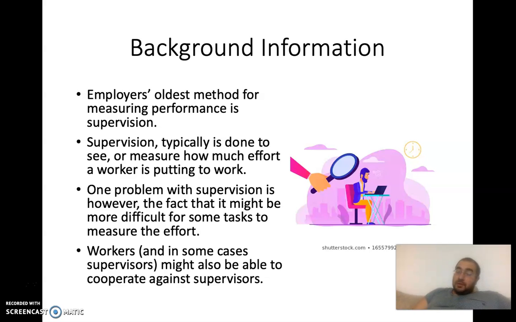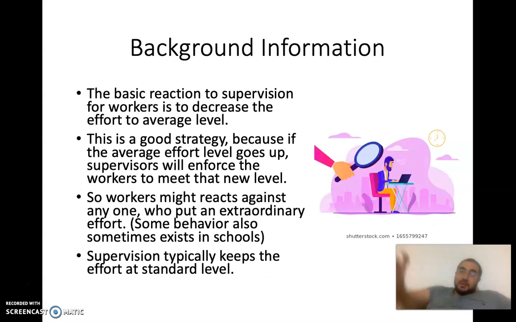And workers can also cooperate against the supervisors, and in some cases they might even cooperate with supervisors. Supervisors themselves might be on the workers' side, especially when the supervisors are common in a workplace. It is the same way most students behave, especially before college, but even to some extent at college.